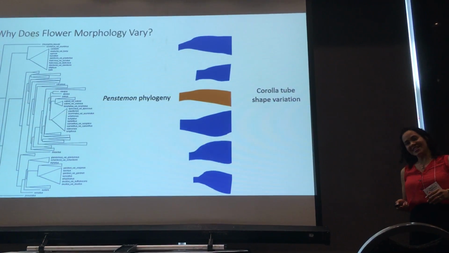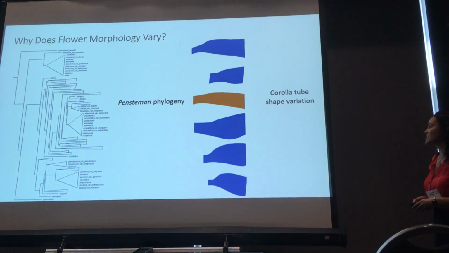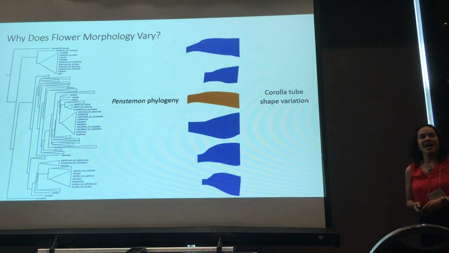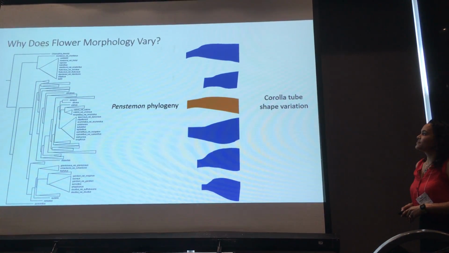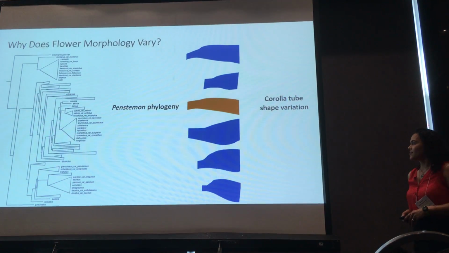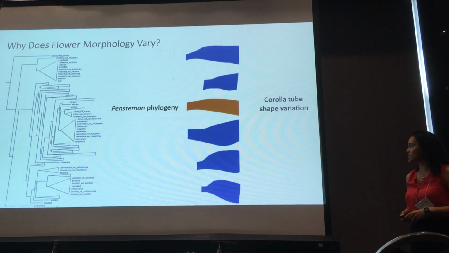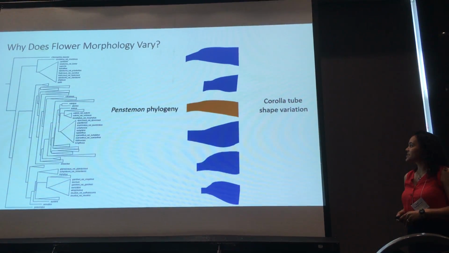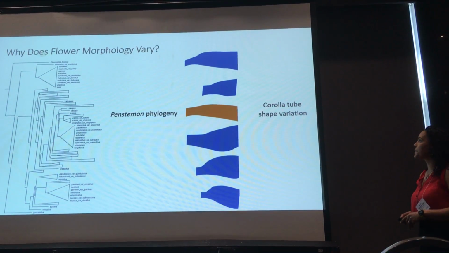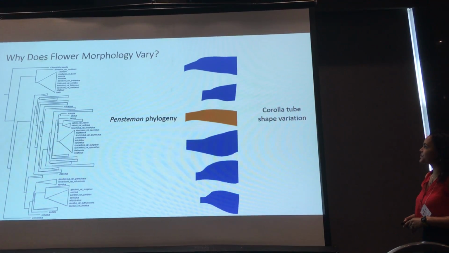You probably know this, but Penstemon is the largest group of flowering plants endemic to North America. To the left, I have a collapsed Penstemon phylogeny, the latest phylogeny. On the right, I have silhouettes of some of the Penstemon species.